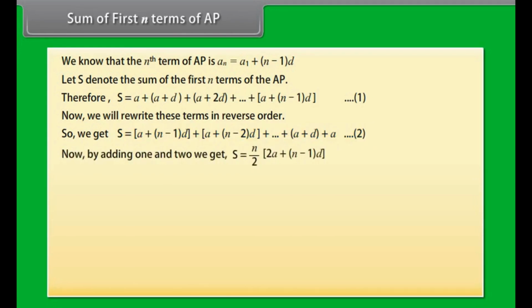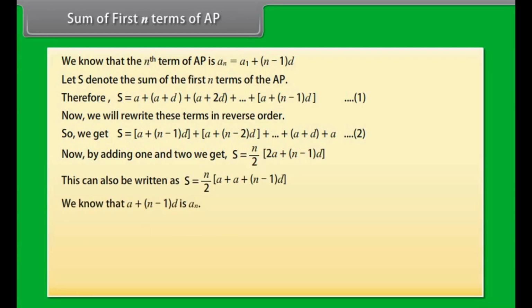Now by adding equation 1 and 2 we get S is equal to n upon 2 into (2a plus (n minus 1) into d). This is the sum of first n terms of AP. This can also be written as, we know that a plus n minus 1 d is an. So S becomes n upon 2 into (a plus an).